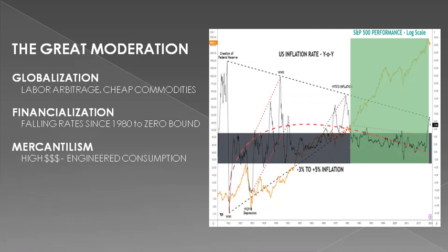This was fostered by the 3 pillars of globalization, financialization, and mercantilism. Globalization through offshore labor arbitrage delivered disinflationary pressures as imported goods dominated the U.S. economy. Financialization through falling global interest rates from the Volcker highs to the zero bound recently delivered rising asset prices and the wealth effect.